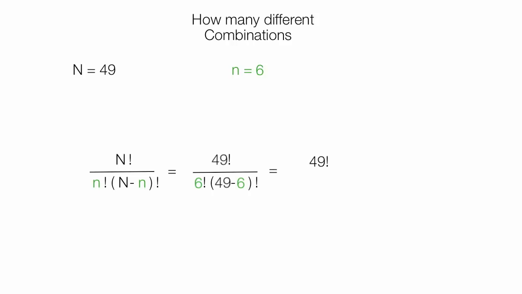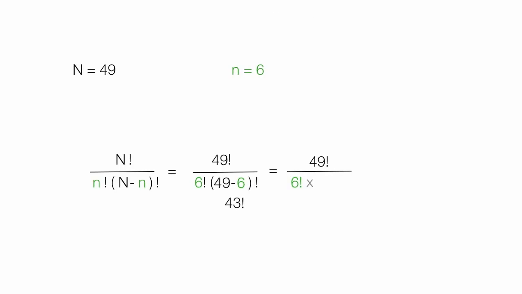And this simplifies to 49 factorial divided by 6 factorial. I'll bring that over. And I have 49 minus 6, which is 43. I bring down the factorial sign. And I multiply that times the 6 factorial.